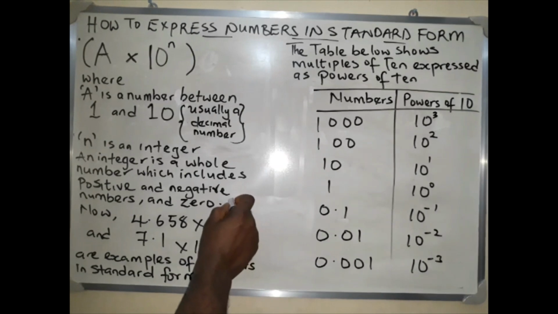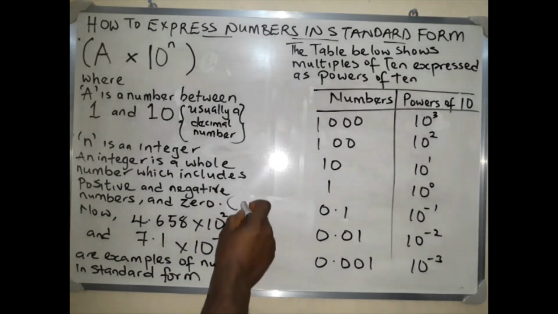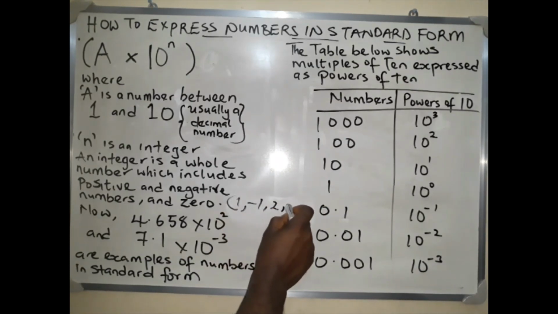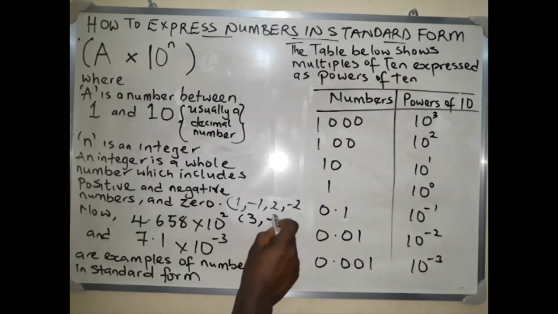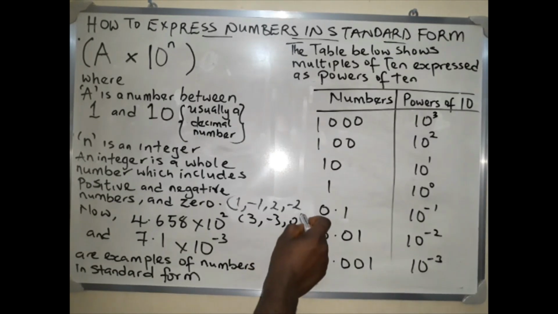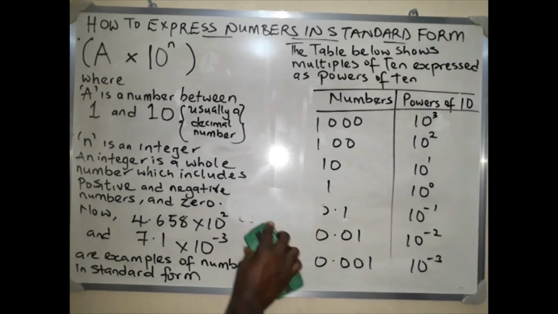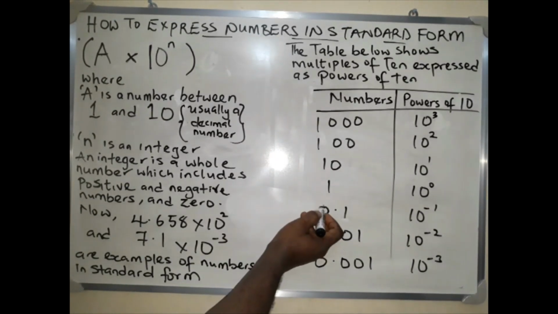So for example, we can have an integer as 1 or minus 1, 2, minus 2. We can also have it as maybe 3, minus 3. We can even have it as zero, etc. So all these are examples of integers, which means that all these can be numbers used to represent our n.